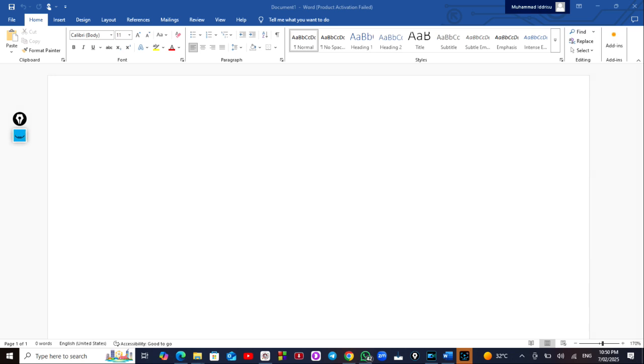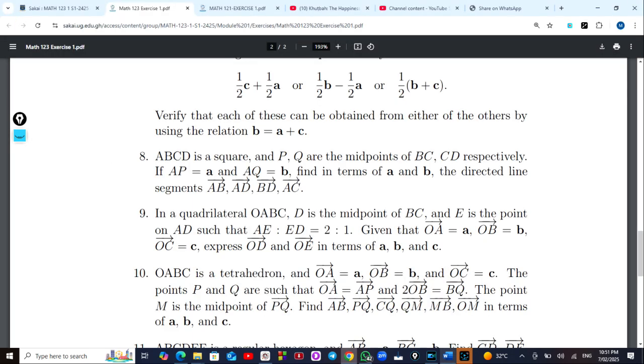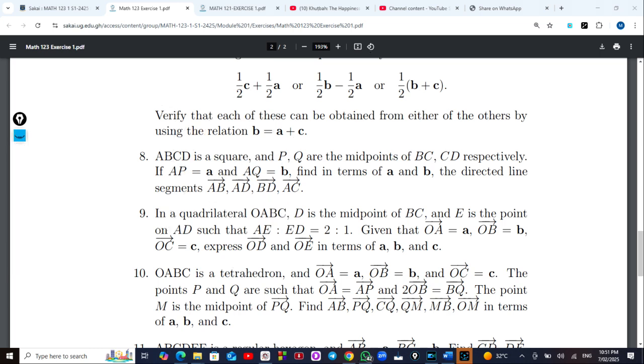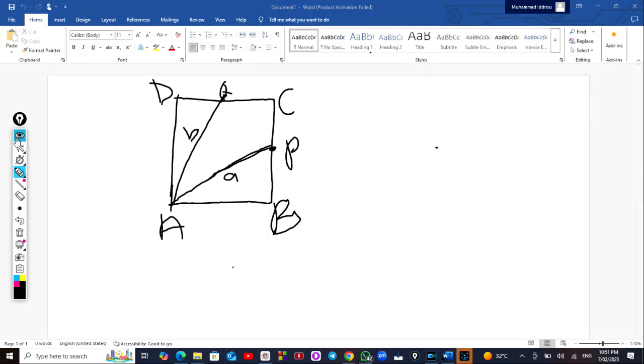Okay, let's continue. Find in terms of a and b the directed line segments AB, AD, BD, AC. So we are finding AB, or is it AD?